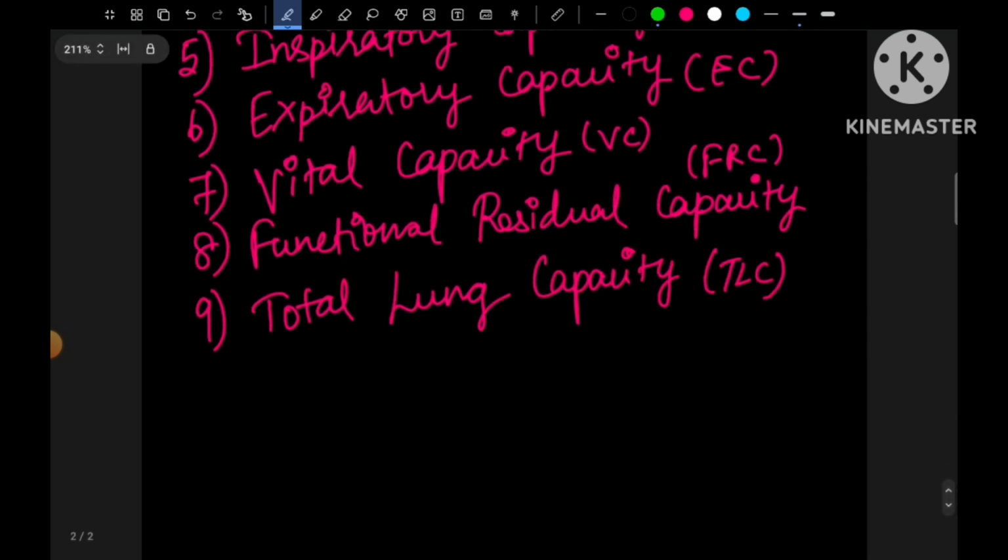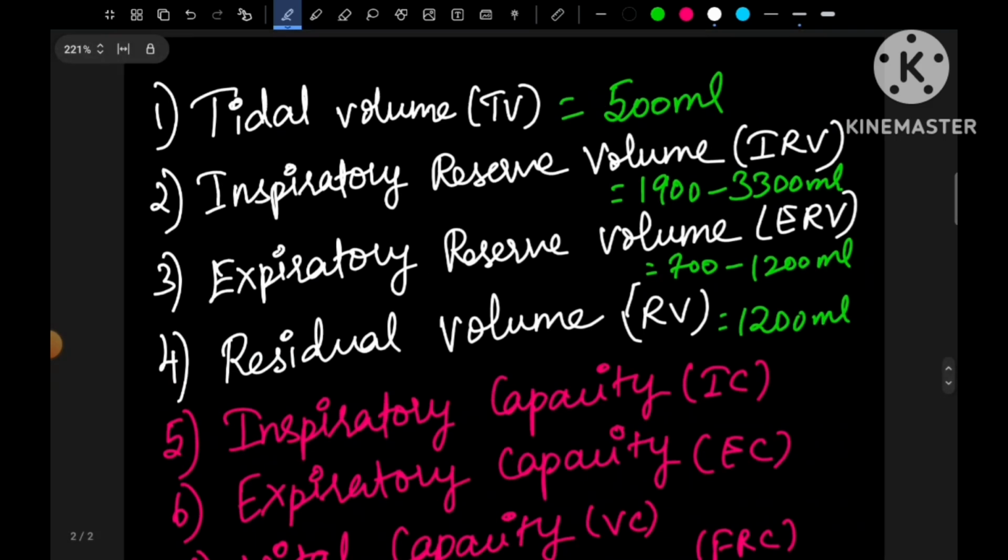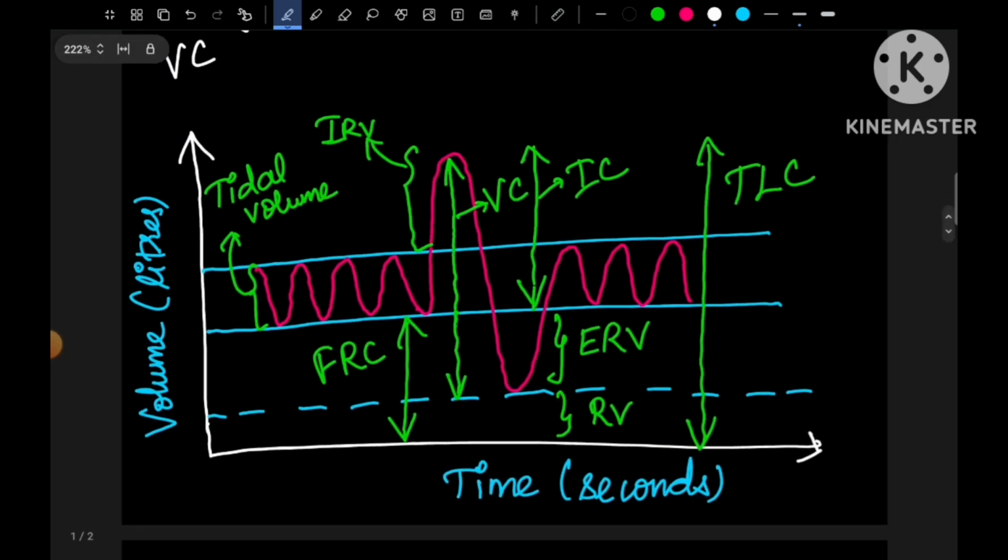Now let's see these combined volumes, right? I'm not writing the values, but I'll write the formulas. Inspiratory capacity is nothing but, let's first see the diagram. Where is inspiratory capacity? This is inspiratory capacity, right? It comes from here to here.